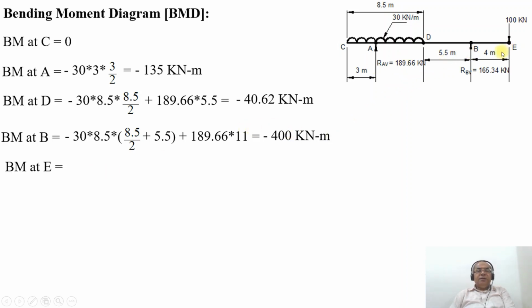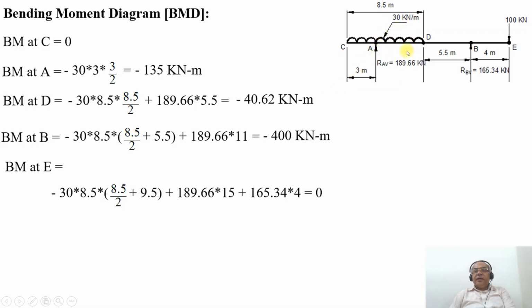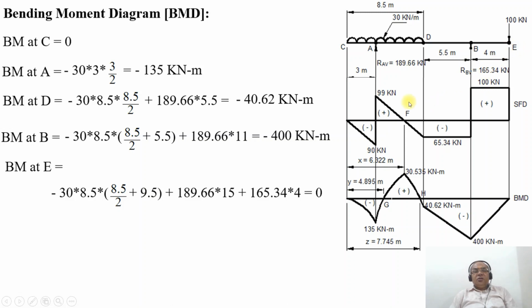BM at the point E will be equal to, again, minus 30 into 8.5 into (8.5 by 2 plus 9.5) plus 189.66 into 15, plus 165.34 into 4, which is equal to 0. Now when plotting this, we can see the bending moment at the point C is 0, and at A it is minus 135 kilonewton meter.